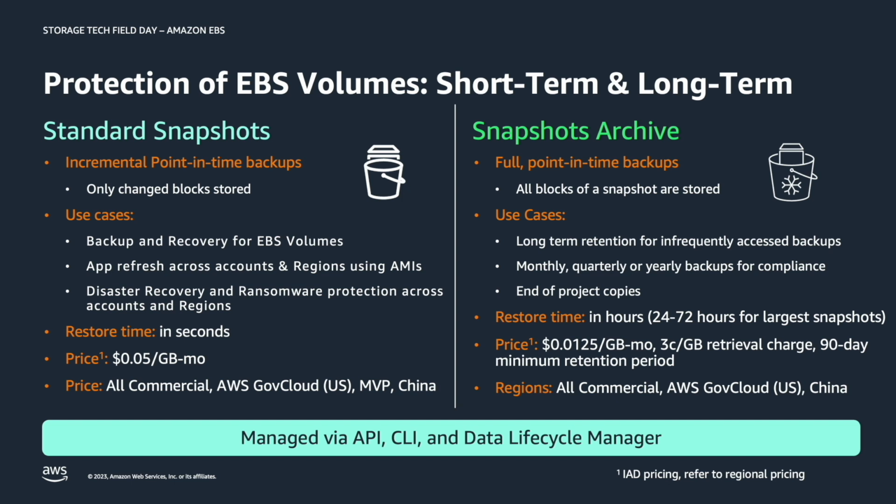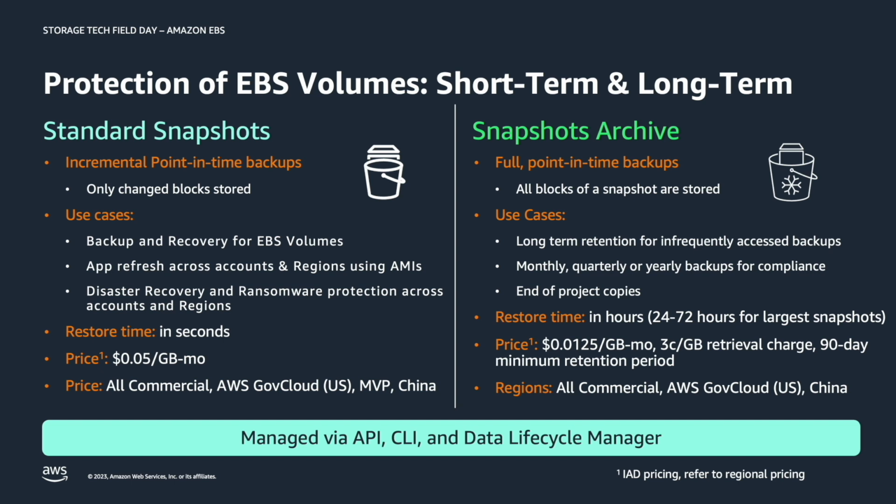It can also include app refreshes across accounts and regions using AMIs. And it is also used for disaster recovery purposes and ransomware protection across accounts and regions. Whereas for Snapshots Archive, the use cases include long-term retention for infrequently accessed backups.